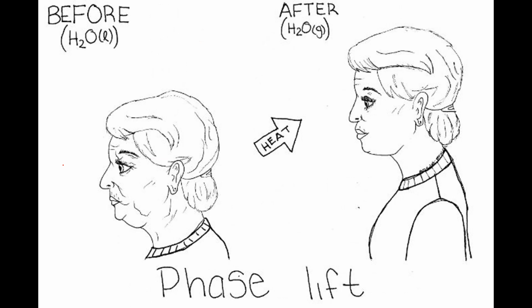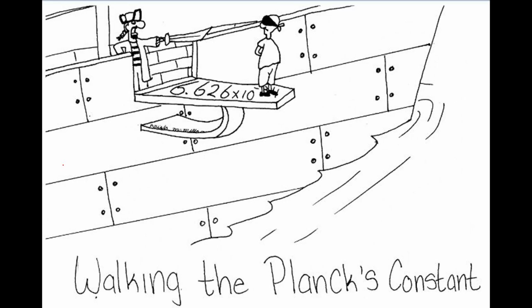Here's a phase lift where you have H2O liquid, and then you get H2O gas. So it's a phase change, and that's good. Walking the Planck's constant, 6.62 by 10 to the minus 34. Maybe we should give the units because I know some people use other units. Joules times seconds.